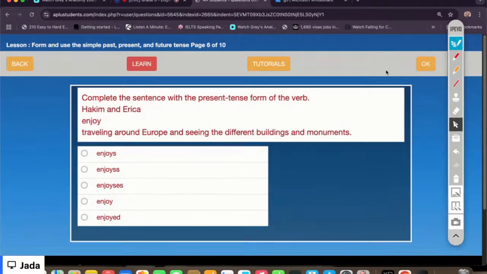So Hakim and Erica enjoy traveling around Europe and seeing the different buildings and monuments. So which of them is the right answer here?